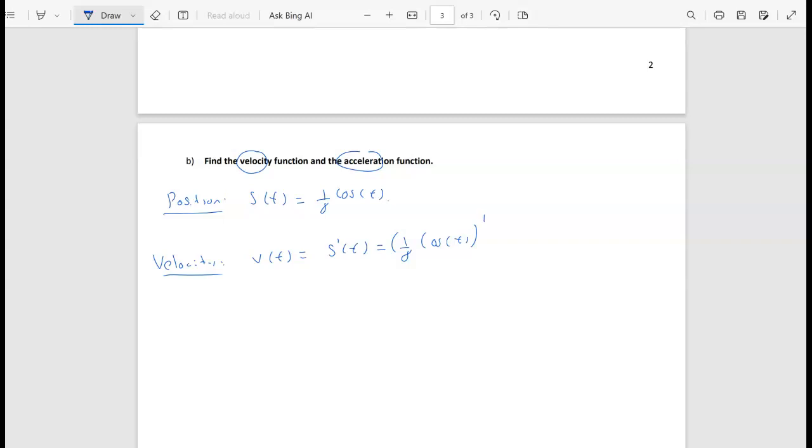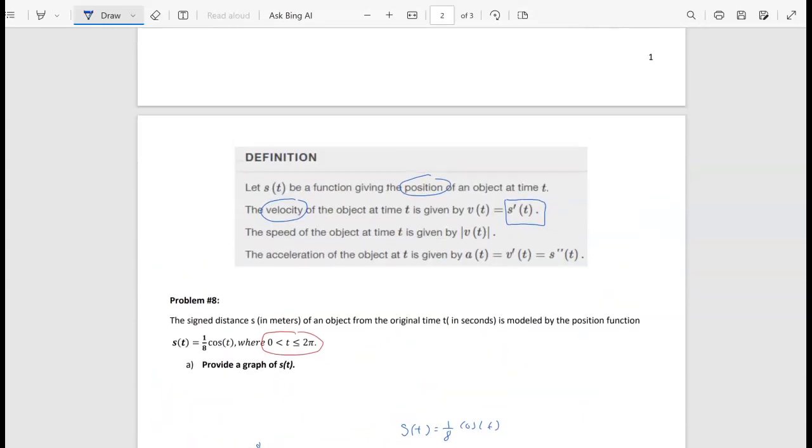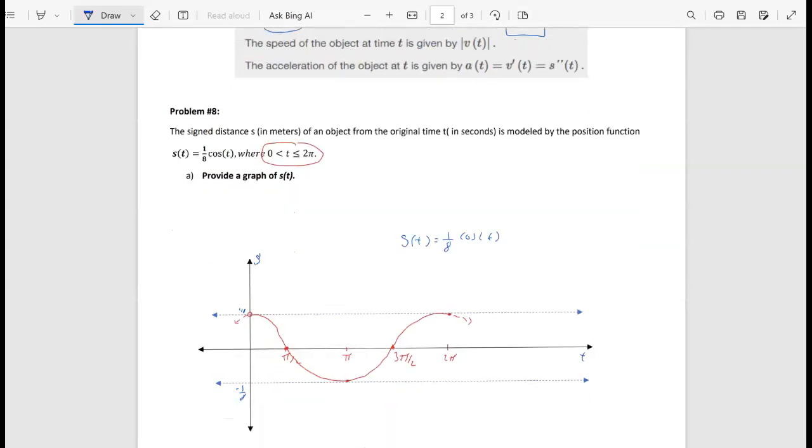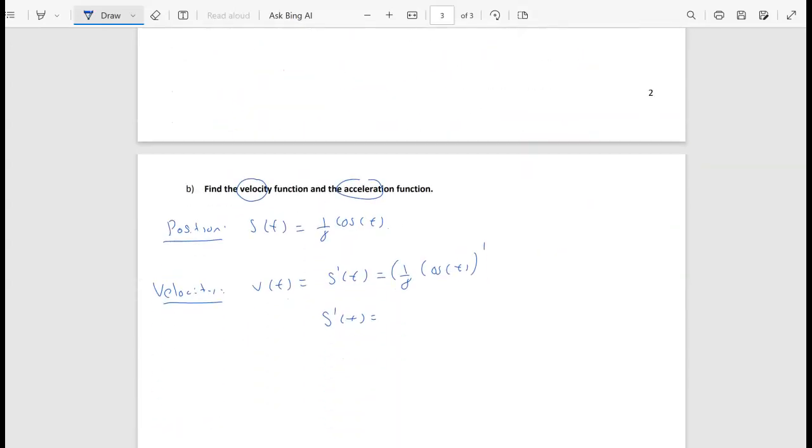The derivative of cosine is negative sine, and then don't forget the constant. So I'm going to rewrite it as negative 1/8 sine of t.